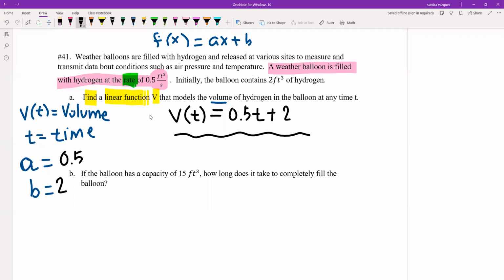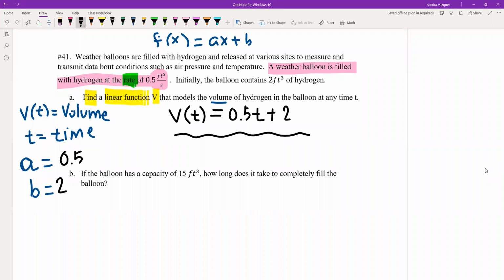Part B. If the balloon has a capacity of 15 feet cubed, how long does it take to completely fill the balloon?